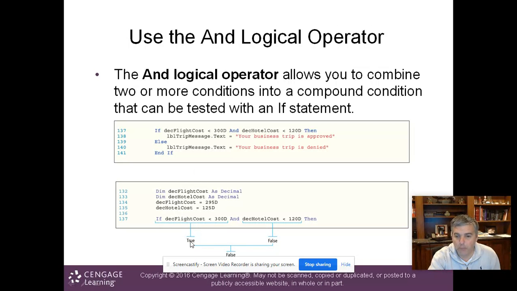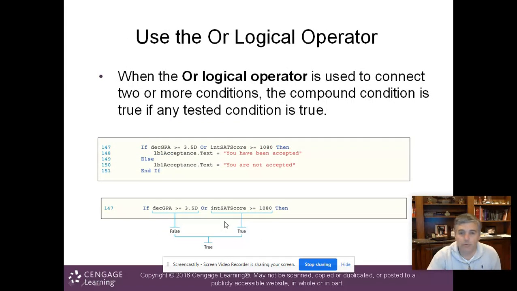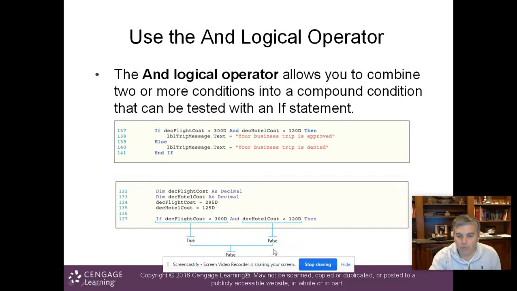Both of these must be true in order for it to evaluate to true. If one of them is false, then the overall if statement gets evaluated to false with an AND logical operator.